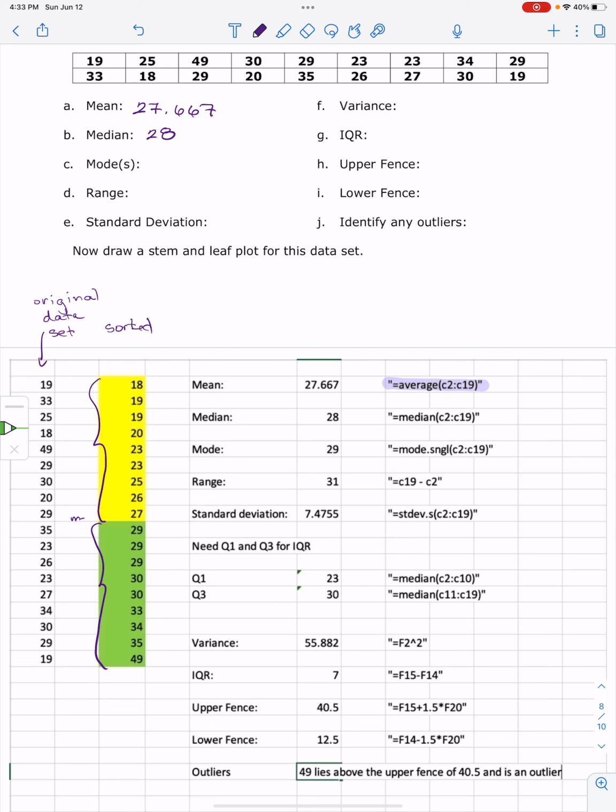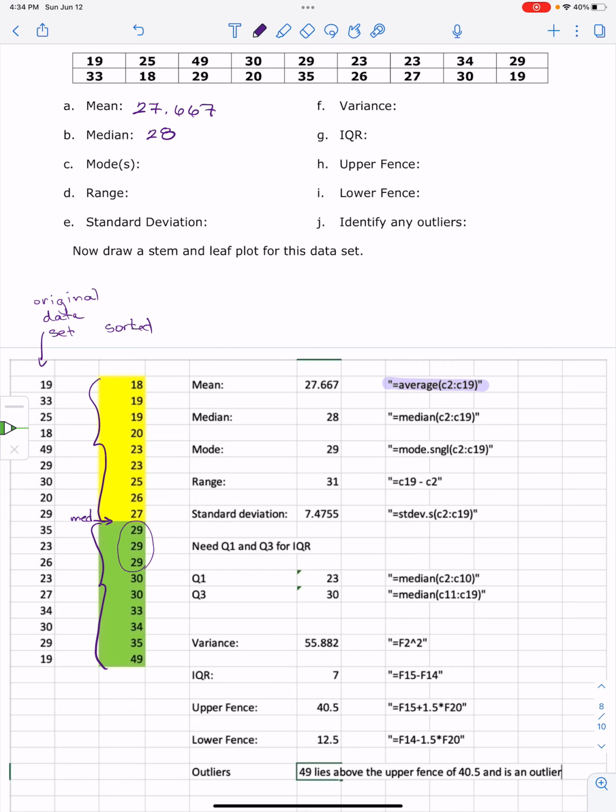And our median lives right here, right between 27 and 29. Mode, just by eyeballing the data sets, once I put it in order, I see that 29 happened 3 times. Nothing else did, so when I cranked it into Excel, MODE.SNGL, a single mode is what we are looking for, and it returned that 29.